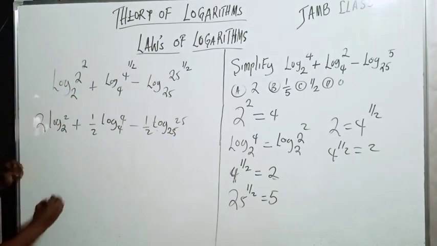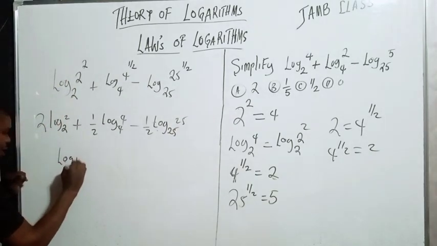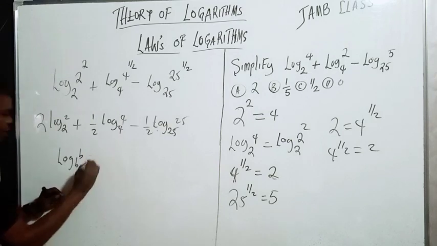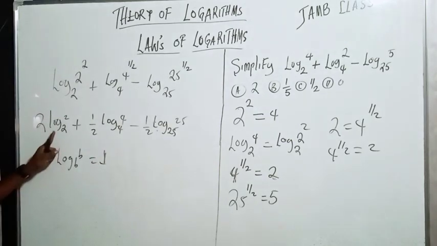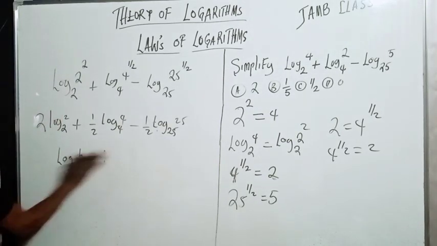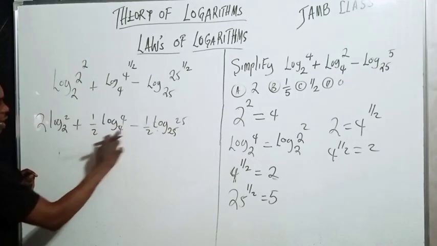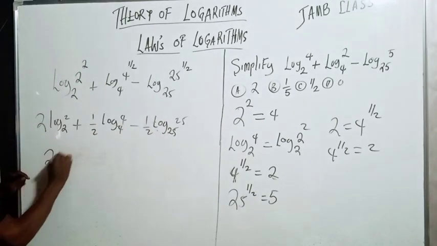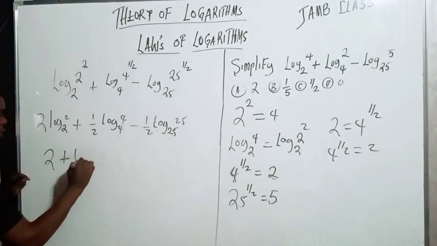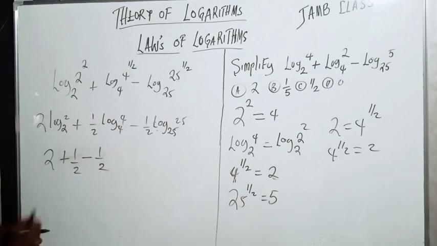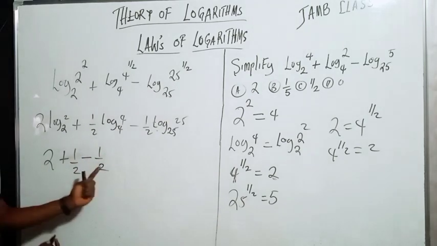Remember I told you that log of a base to that same base is 1. So log 2 is going to be 1, and the other is 1. So it's going to be 2 plus half minus half, right?